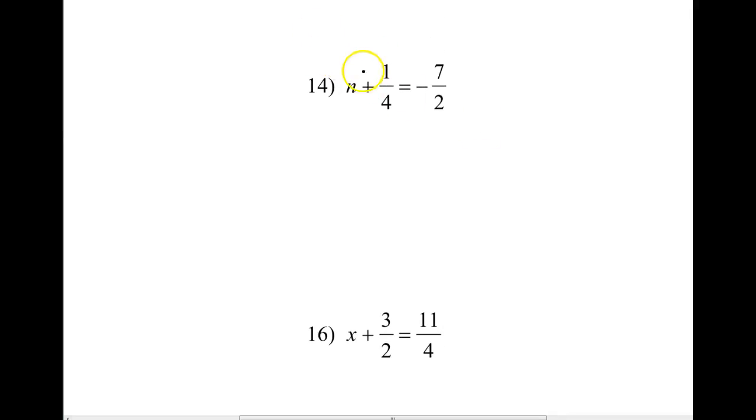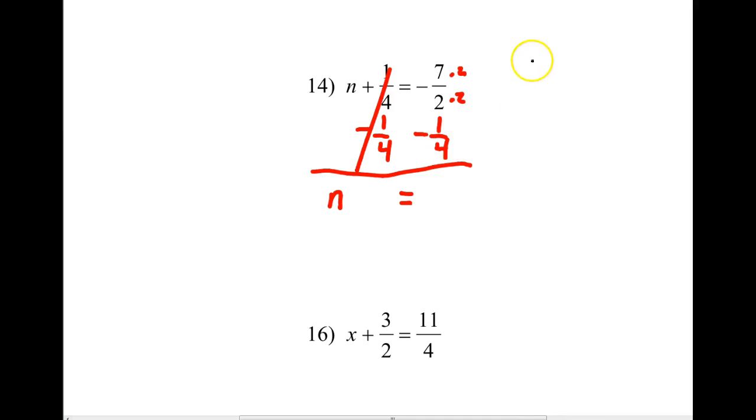All right. So variables on the left, I got a plus 1/4. I'll subtract 1/4. Good. Bring the n straight down, the equal straight down. Now I need to do negative 7 over 2 minus 1/4. So to get these to be common denominators, I'm just going to multiply this by 2, top and bottom.